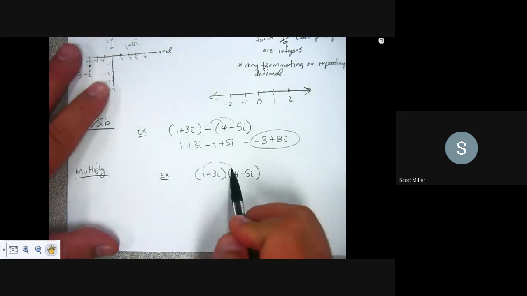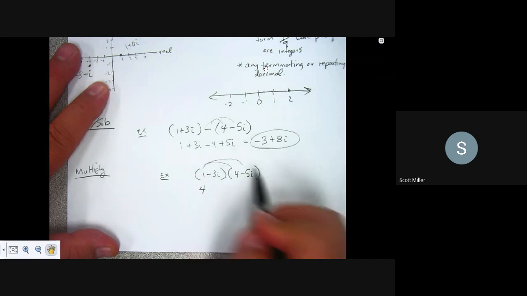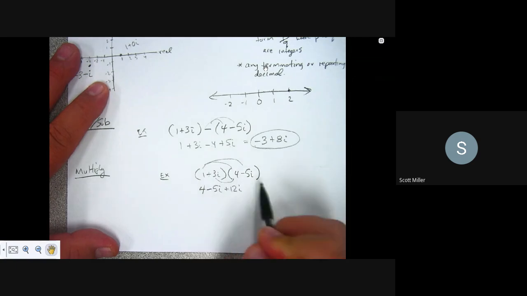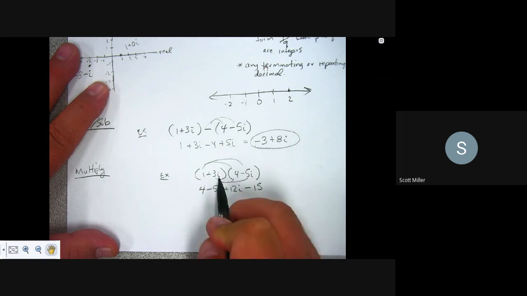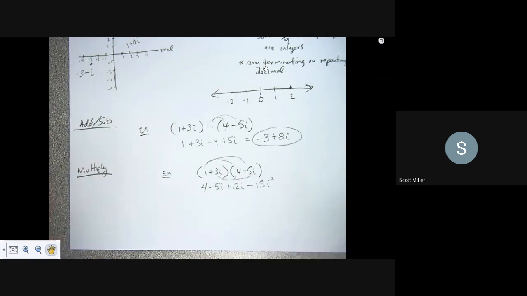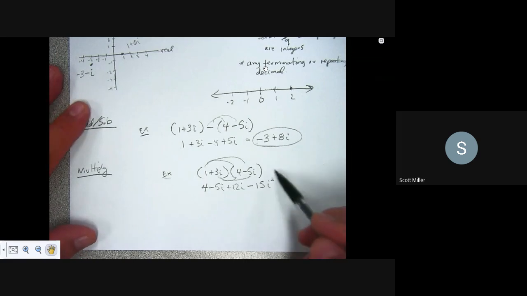So 1 times 4, 4. 1 times -5i, -5i. That times that, plus 12i. That times that is -15. i times i is i squared, just like you would if it was any other letter. So now the question becomes, what in the world is i squared?